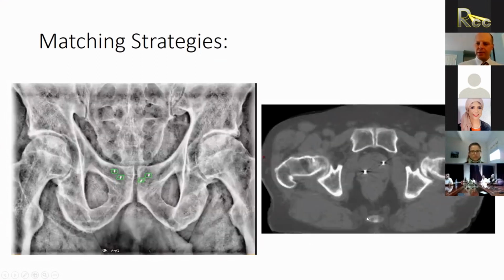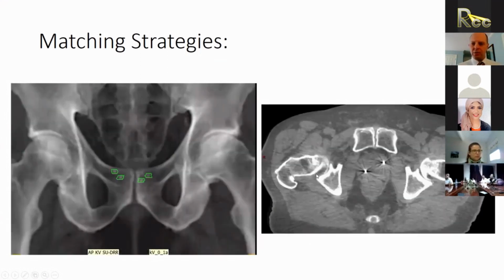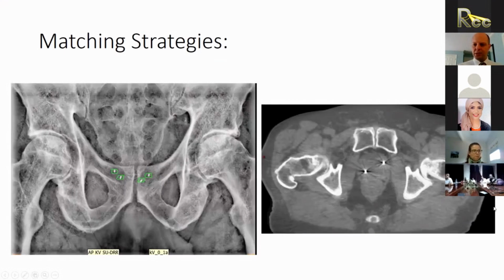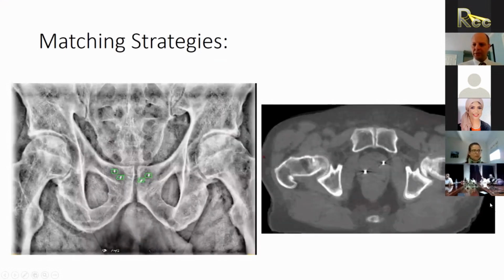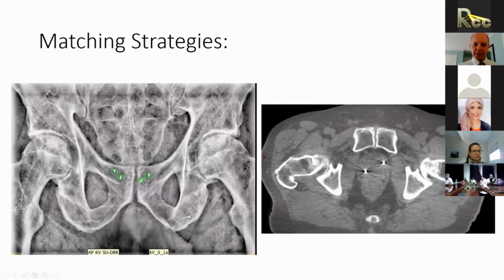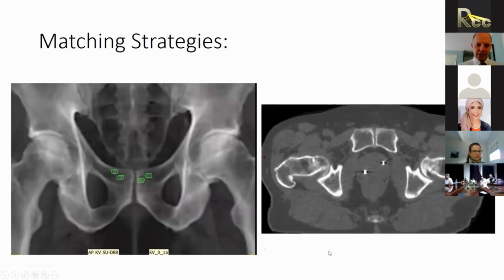On the right is a match between the planning CT, the simulation CT, and the cone beam CT for that day. You can see there's a couple of different ways that we could match this, because the information may or may not give us the exact same match.